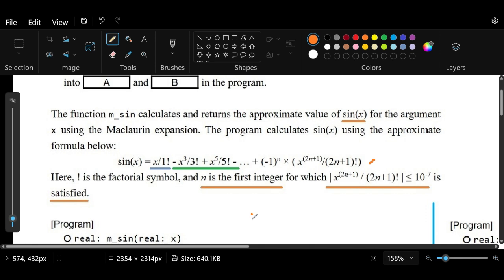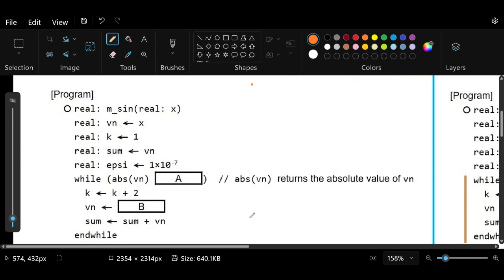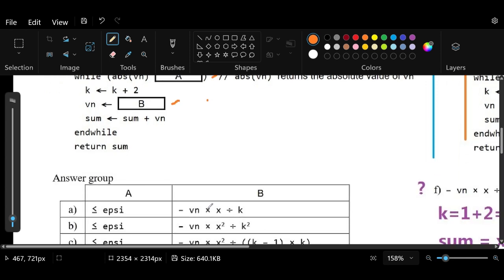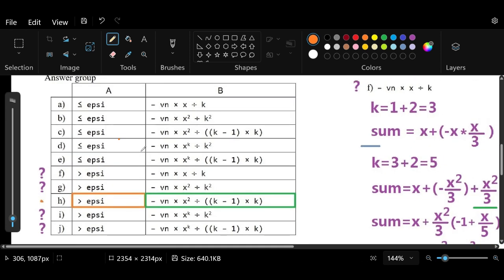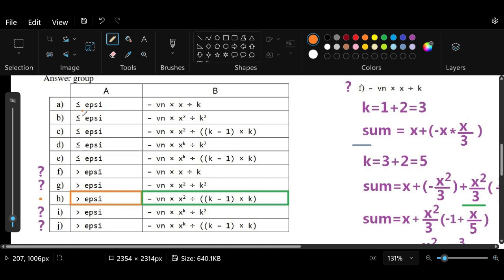Okay, so let's look at the program right now. We got two blanks, A and B, and if we look at the answer group, we can find that for blank A, there's really only two possibilities: either less than or equal to EPSI, or greater than EPSI.